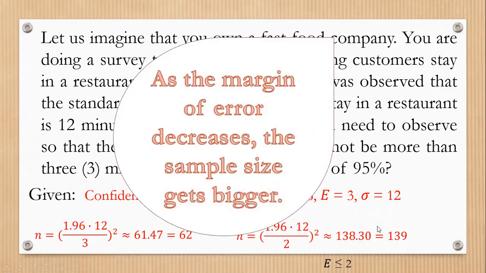As you can see, as the margin of error decreases, the sample size gets bigger. But if the margin of error gets bigger, then your sample size gets smaller.